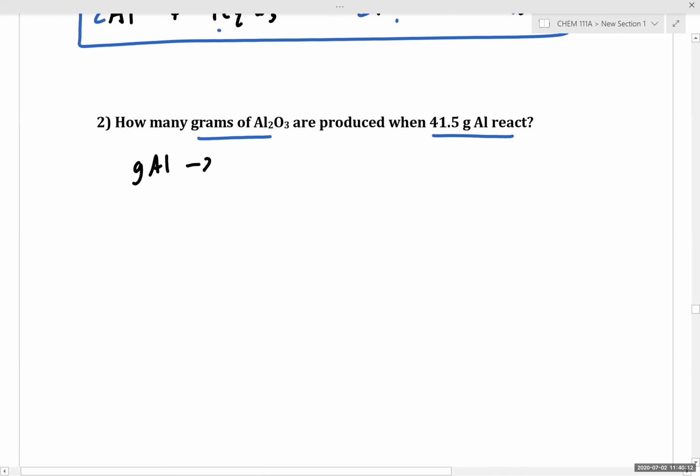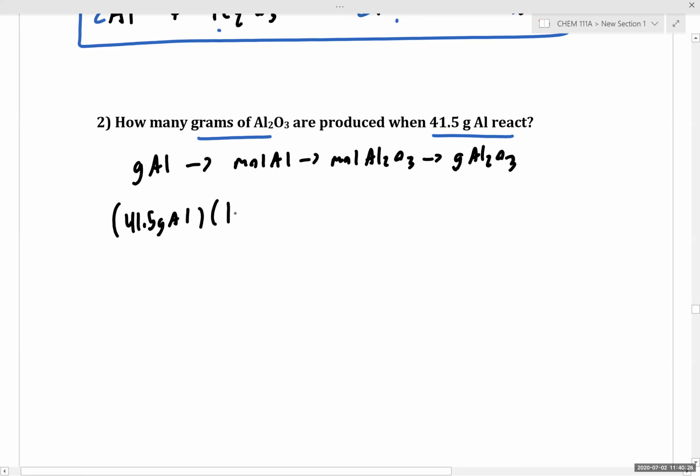So we're going from grams of aluminum to moles of aluminum to moles of aluminum oxide to grams of aluminum oxide. So we have 41.5 grams of aluminum. We know in 1 mole of aluminum, we have 27 grams. So in this equation, how many moles of aluminum oxide do we produce per mole of aluminum?